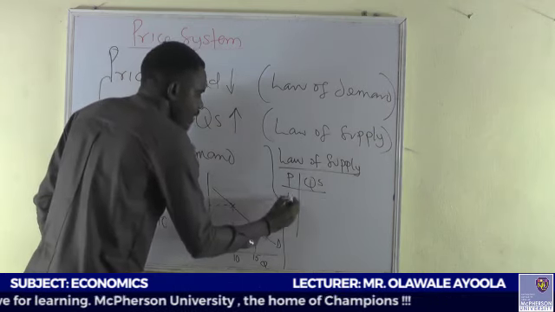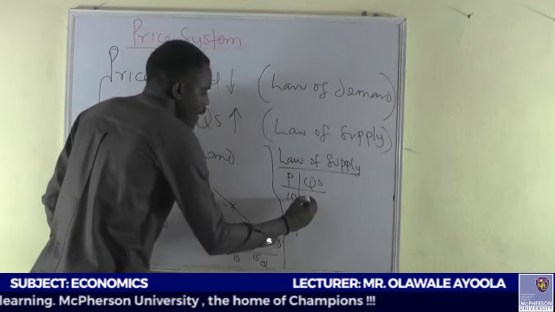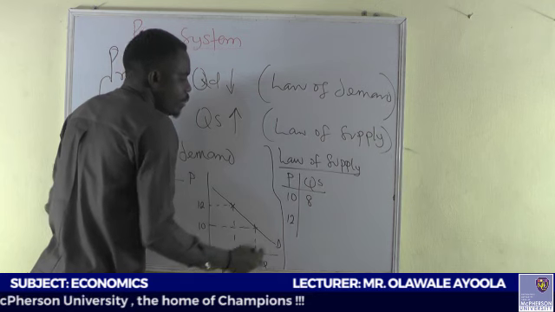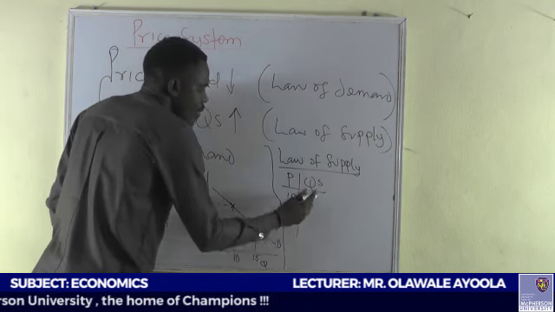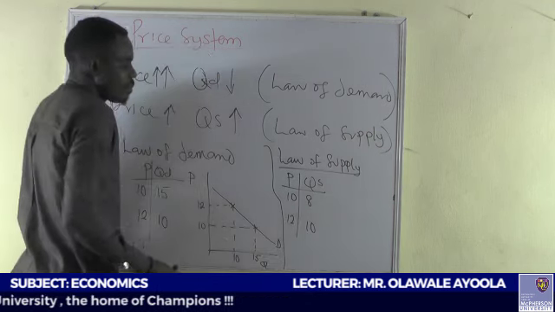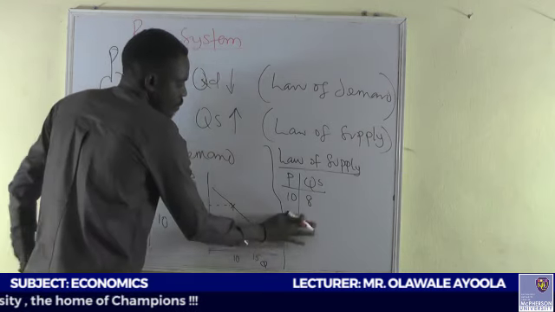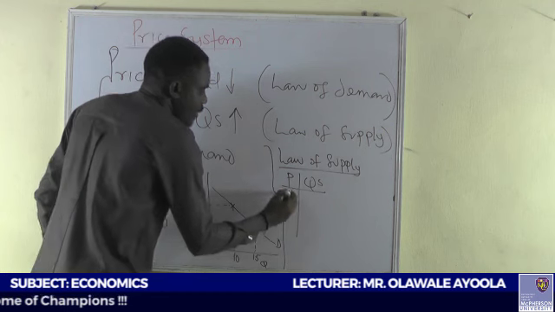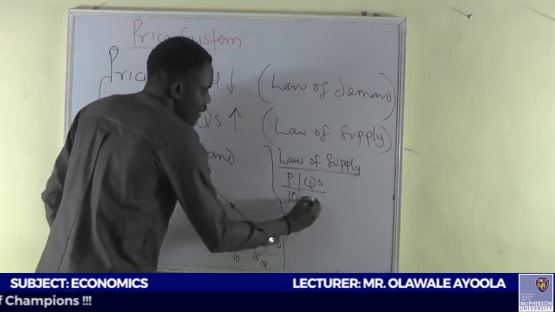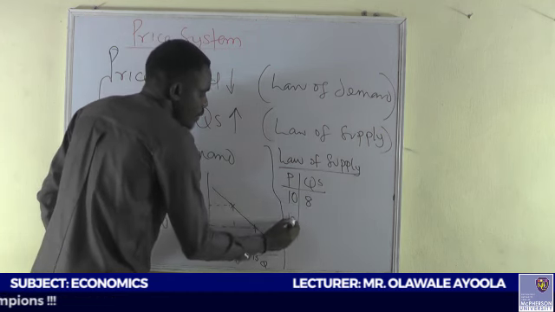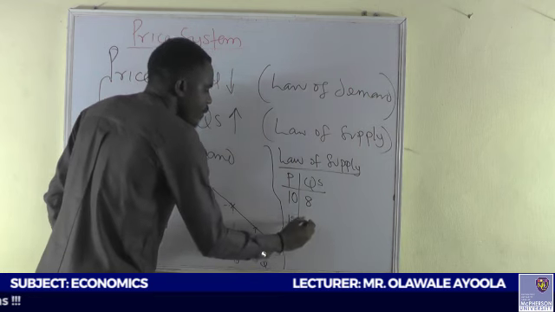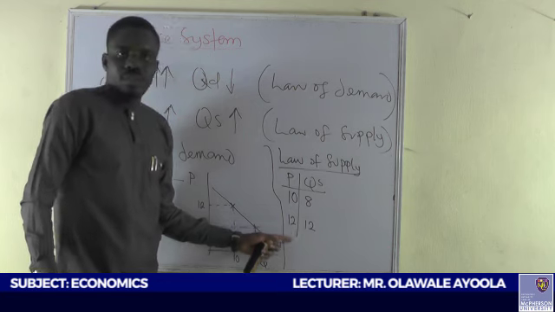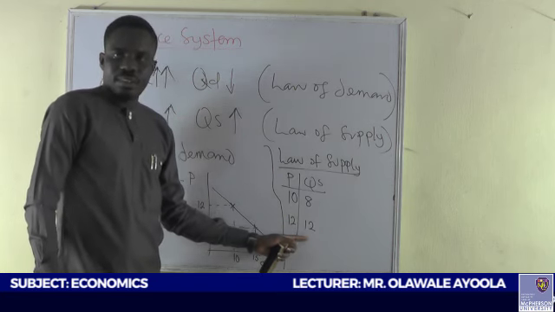Therefore, if price is 10 and producers supply 8, by increasing price to 12, we expect producers to supply more. If price is 10, producers supply 8. By increasing price to 12, producers will supply 12. This shows that as price increases, quantity supplied increases.